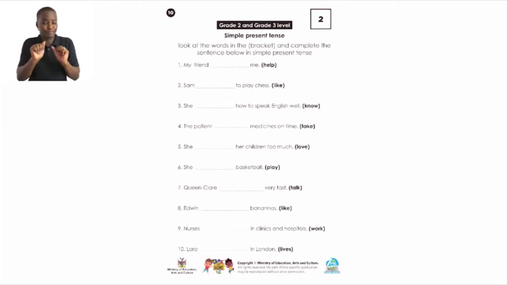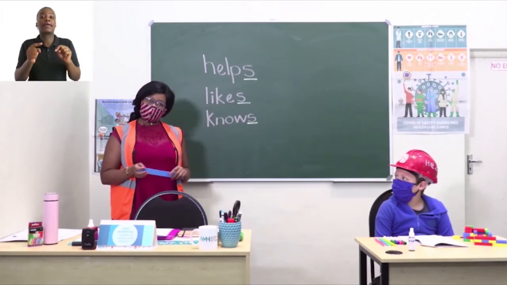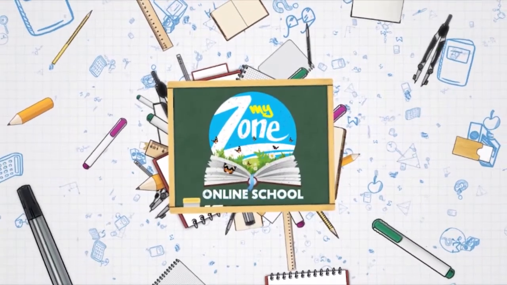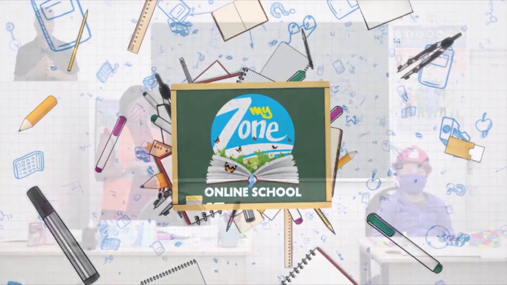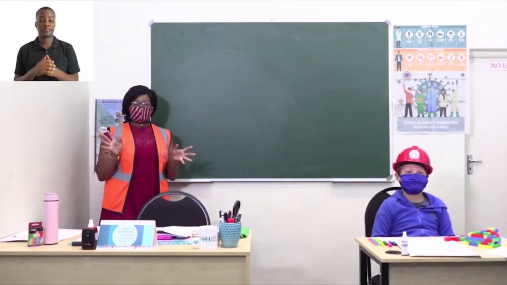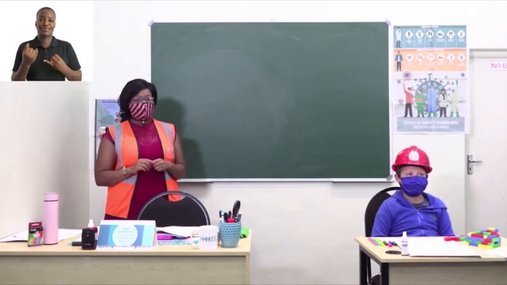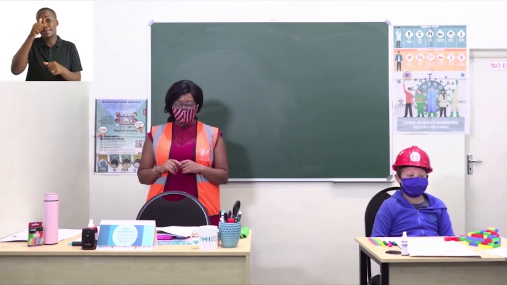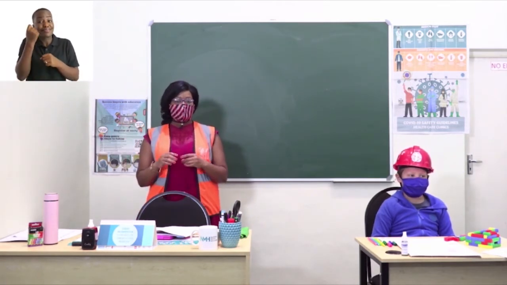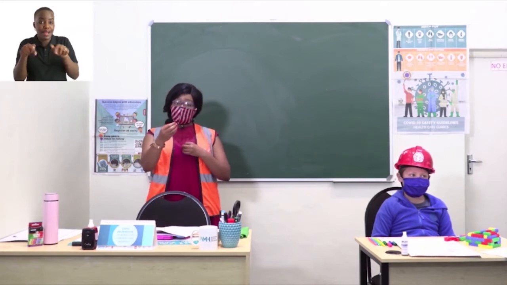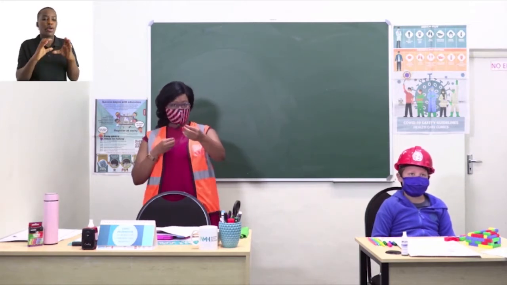Now that you know how to change a verb into a simple present tense, the rest you're going to do by yourselves. I'm sure you enjoyed your last exercise. And remember, for you to have simple present tense words and remember them, you need to practice speaking to someone.